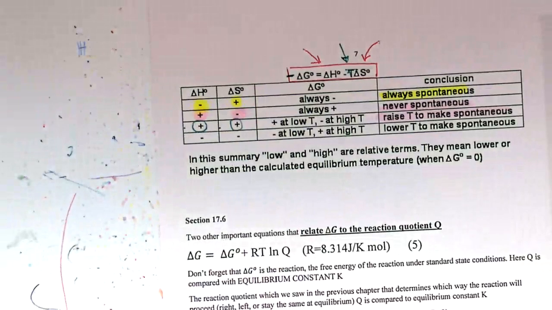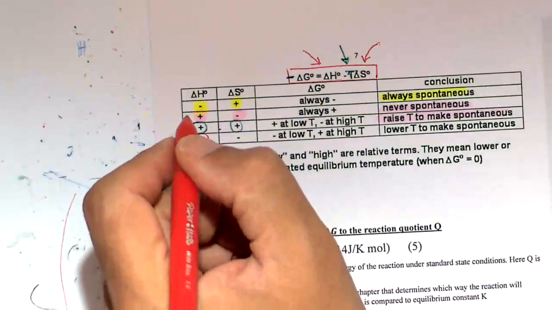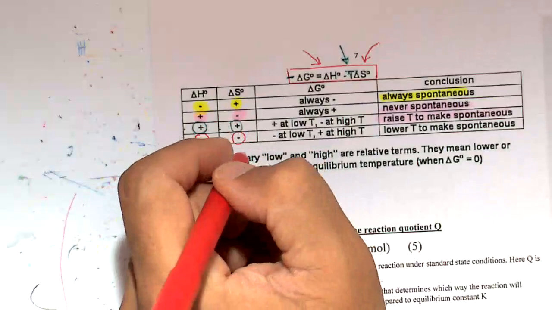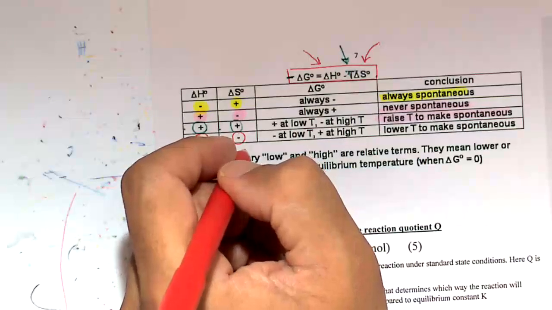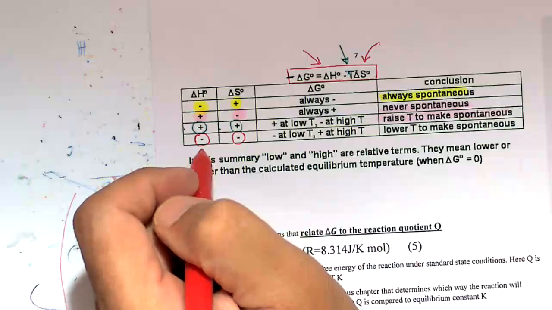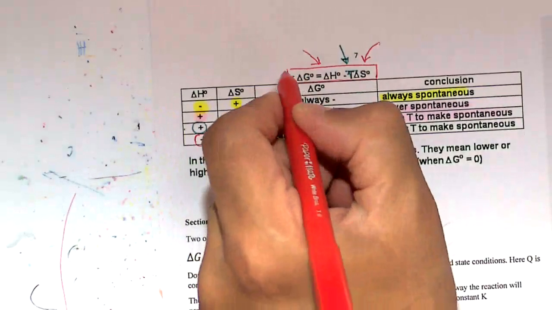What about a reaction that is enthalpy favored, entropy not favored? More order is not favored. You need to put in the work. But enthalpically, it releases heat, so that favors it in terms of enthalpy.